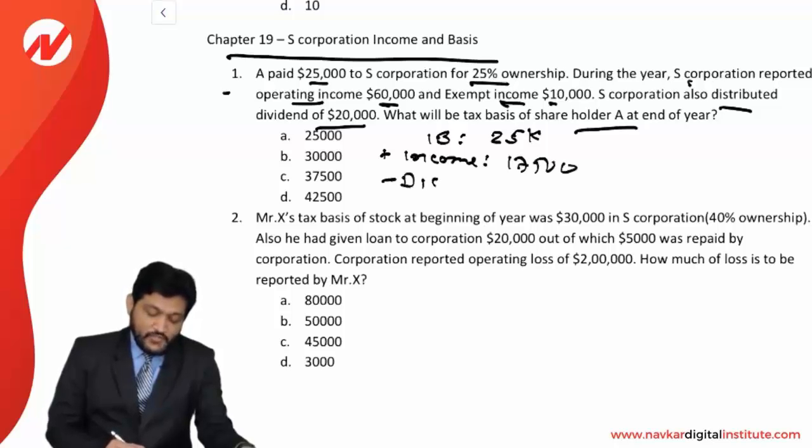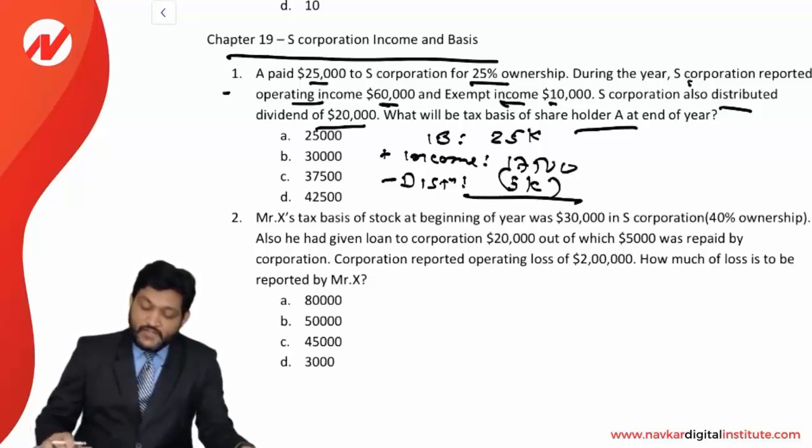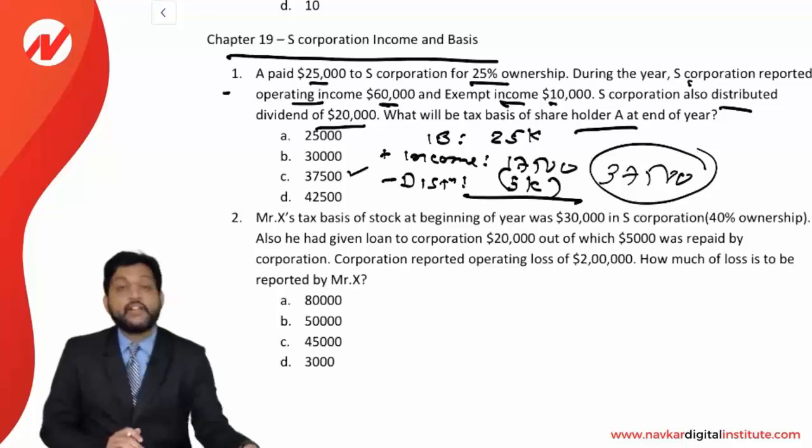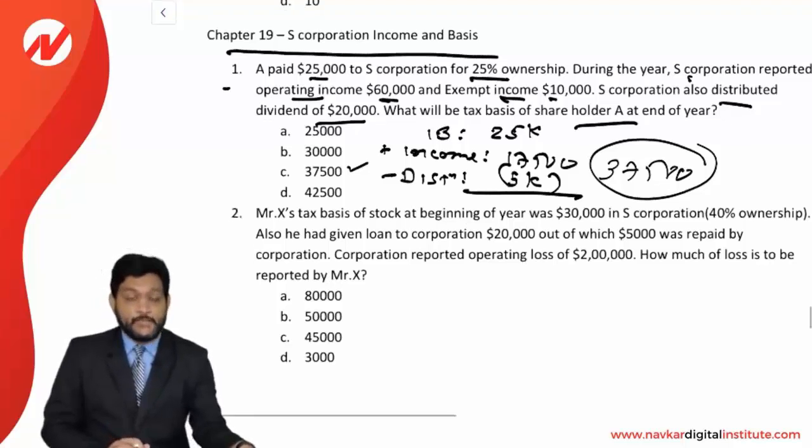Less distribution: dividend distribution was 20,000, out of which his share is 25%, so 5,000 will be reduced. Finally 25,000 plus 17,500 less 5,000 is equal to 37,500. So that is the correct answer, C option, 37,500. That will be the closing basis.